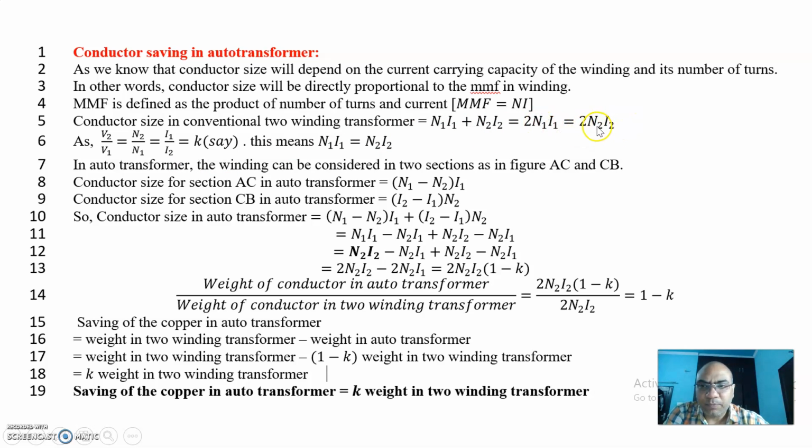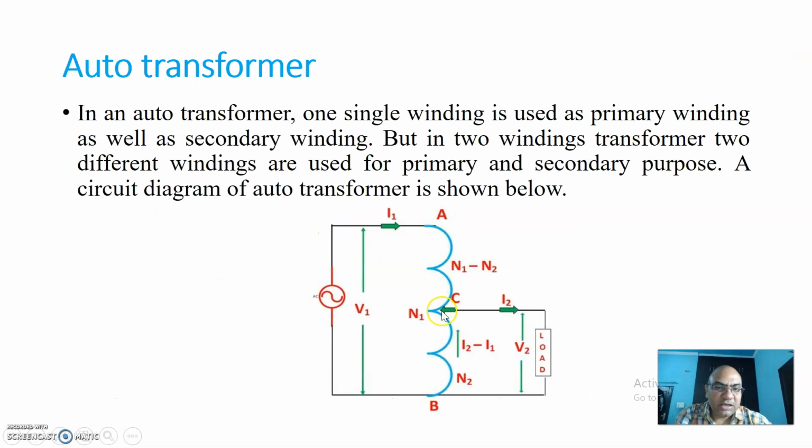Anything I can write. In an autotransformer, you know that we have only one winding, which may be considered to be split into part AC and part CB. So you see here, in part AC, the number of turns is N1 minus N2, current is I1.